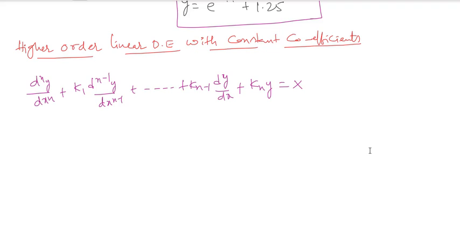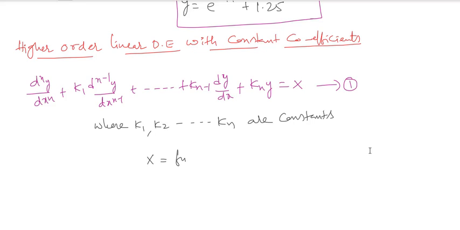So this is used to call it as what? The higher order linear differential equations with constant coefficients, where k1, k2 and so on kn are constants, right? And capital X will be what?